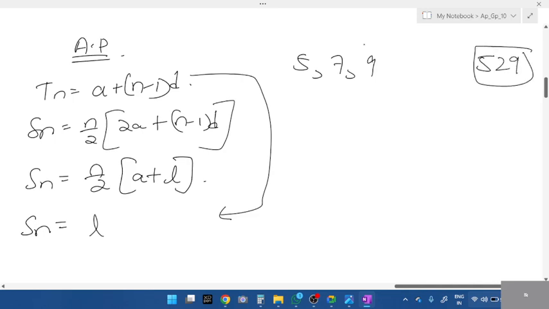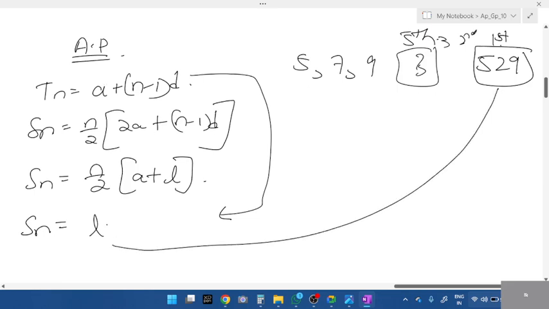Last number is given, right? So they'll tell you from the end, the fifth number from the end. The last number will be the first number, then second, third, like that, the fifth number from the end. So instead of taking this, use the same formula, l minus n minus 1 into d. Is this clear?